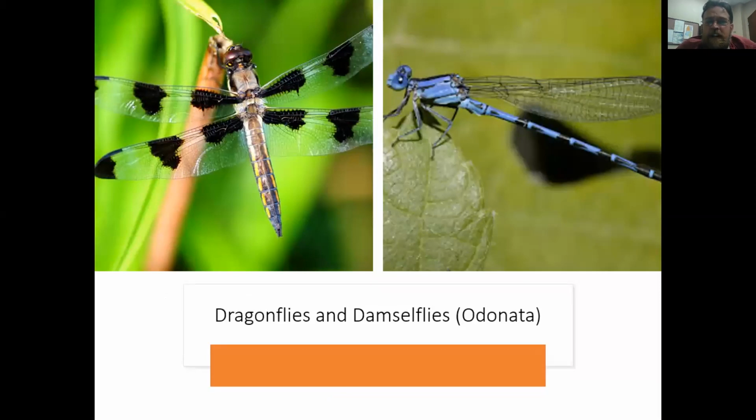Dragonflies and damselflies, of course, we're familiar with these. Really easy to tell the dragonflies apart. They have that really long, extended abdomen. Even more striking, really long, thin abdomen in the damselflies. Dragonflies are really notable because of their wings, really intricately veined.